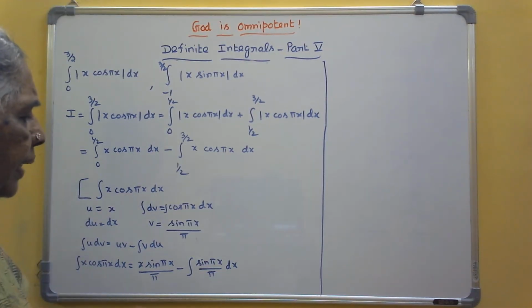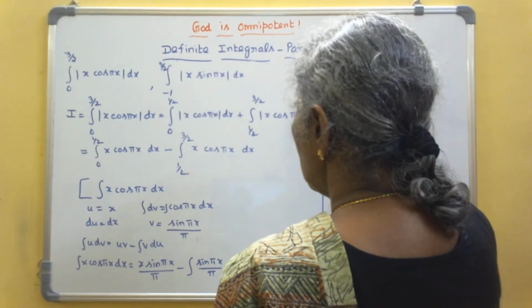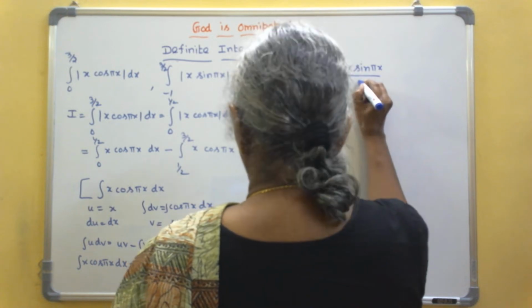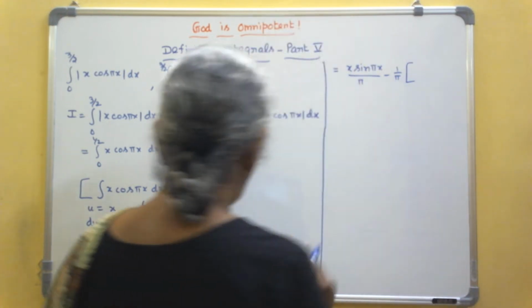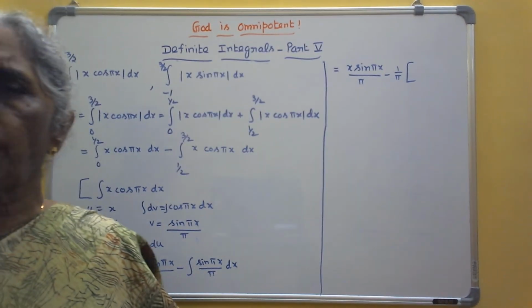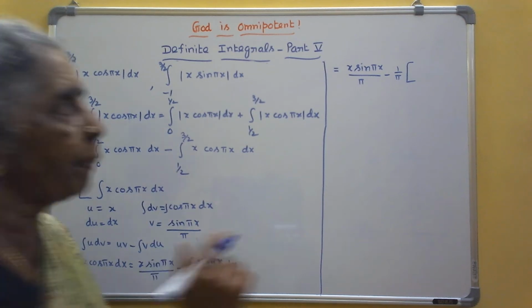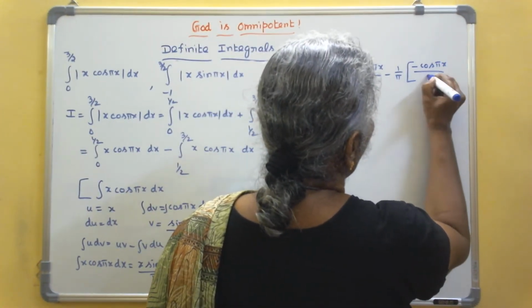In the second part I can take that 1 by pi common. So let me write the first part: x sin pi x by pi minus 1 by pi. Then within the bracket, when I integrate sin pi x, I will be getting minus cos pi x by pi.